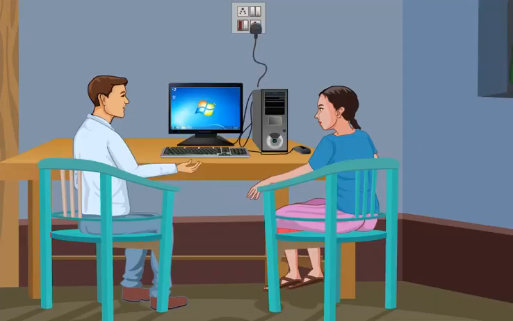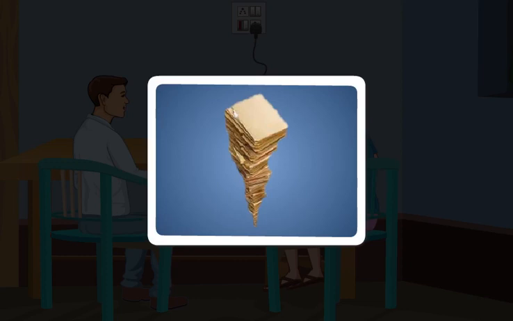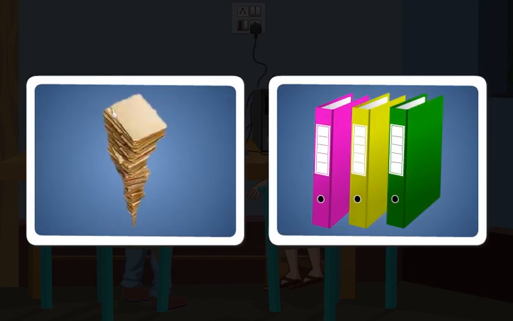How do we manage if we have to keep a number of loose papers? We keep these in a folder, right? Similarly, we can create folders in a computer to store computer files. What is a computer file? It is similar to a traditional file that we can find in an office's file cabinet.